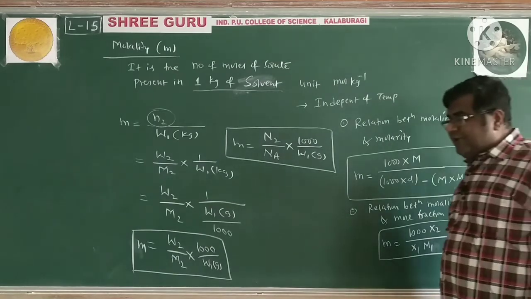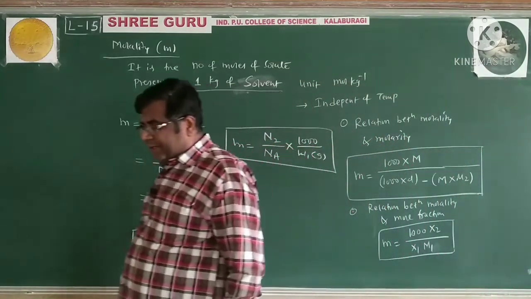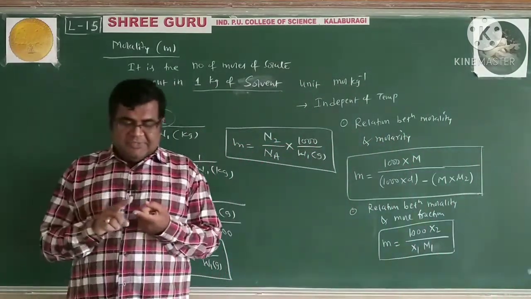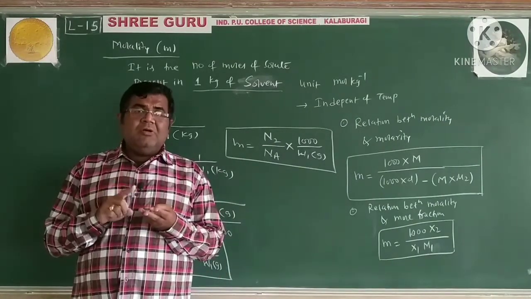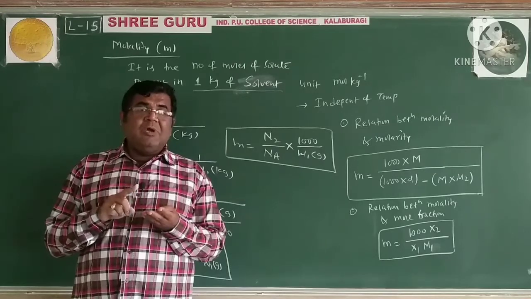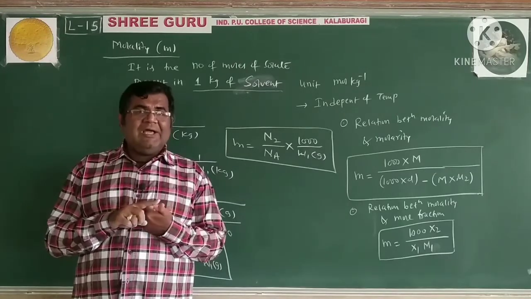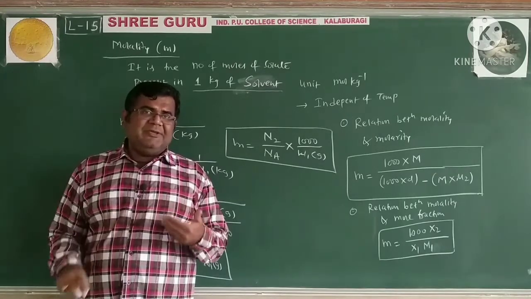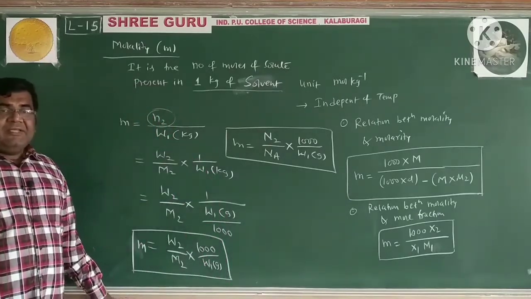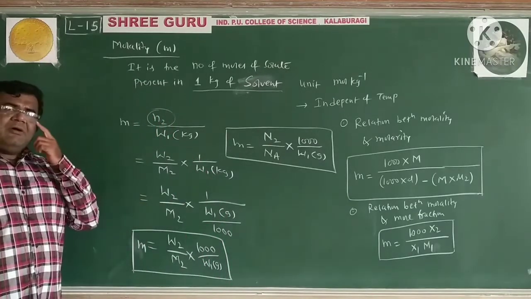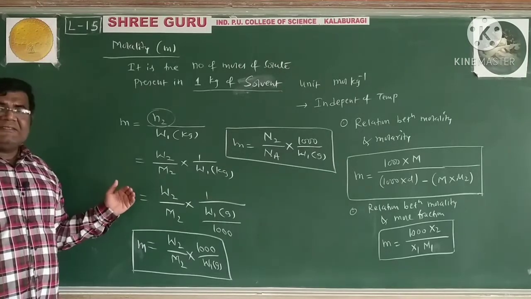So these are the 5 concentration terms we have: mass percent, parts per million, mole fraction, molarity, and molality. These are the ways in which the concentration of solutions is expressed. We have many formulas with us.